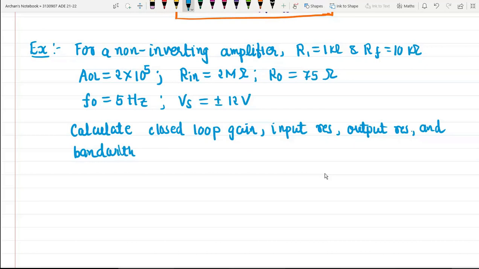Whatever equations we have derived in this particular session, you all need to apply these expressions. The remaining parameters which you will require for calculating the gain, input resistance, output resistance, and bandwidth are provided to you. We just need to apply the equations.